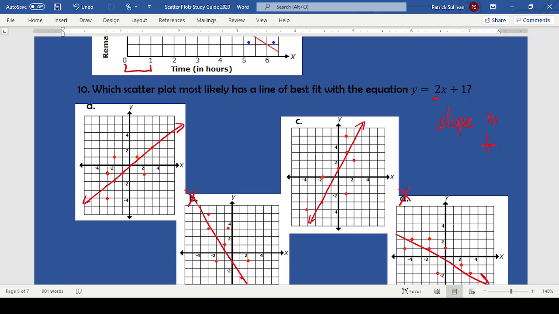Now, as I'm looking at A and C, I'm noticing that in A, my y-intercept is really close to the origin, maybe slightly below. And in letter C, my y-intercept is pretty close to 1. Maybe very slightly below 1, but pretty close to 1.